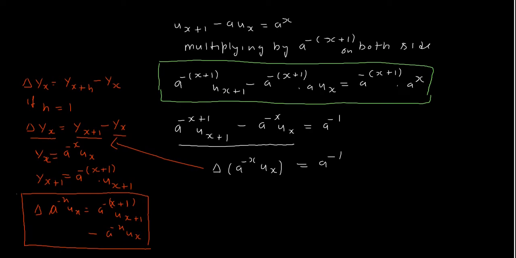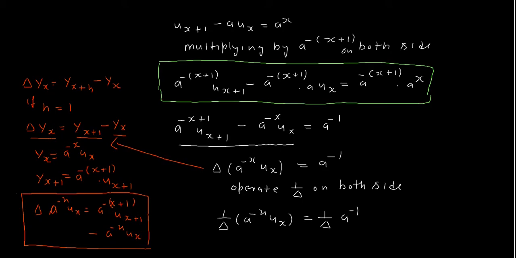So if we operate 1 upon delta on both sides, then this becomes 1 upon delta of delta of a to power minus x u(x) equal 1 upon delta of a to power minus 1.